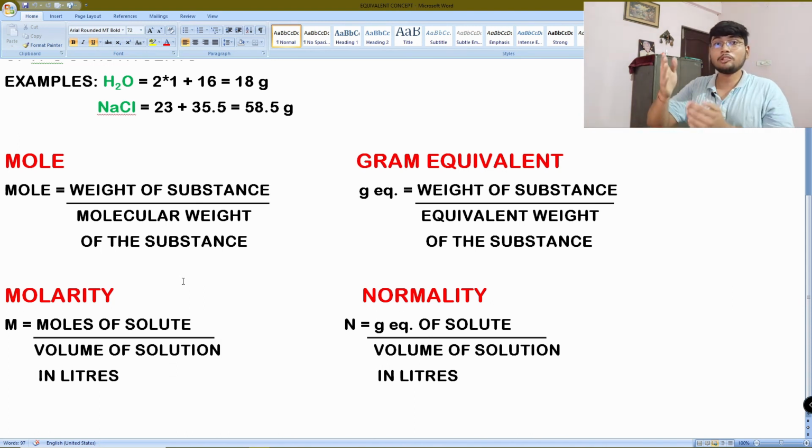In molarity we use moles of solute. Now if we want to convert it through equivalent concept, in normality we are going to use gram equivalent instead of moles. So molarity is moles of solute upon volume of solution in liters, and normality is gram equivalent of solute in volume of solution in liters. Same case goes with moles also. In moles we are using molecular weight, and in gram equivalent we are using equivalent weight.